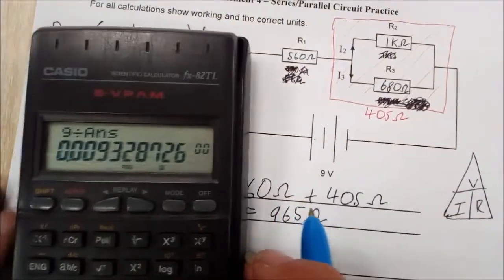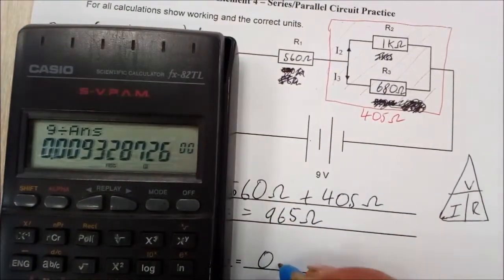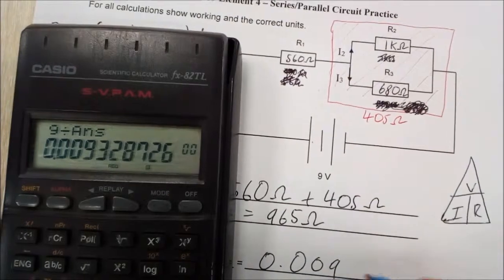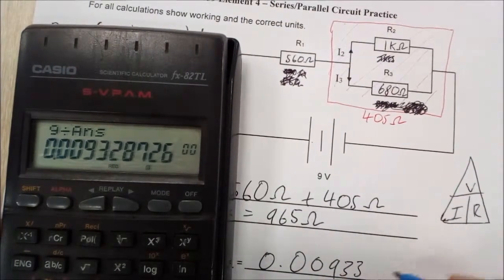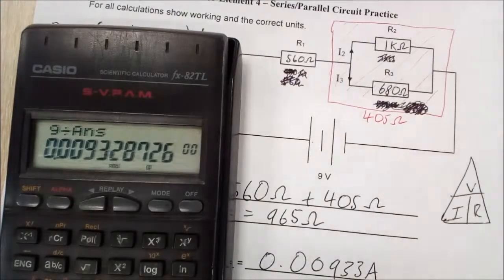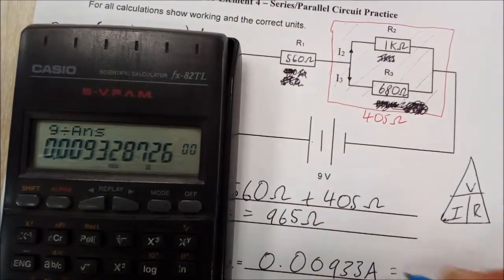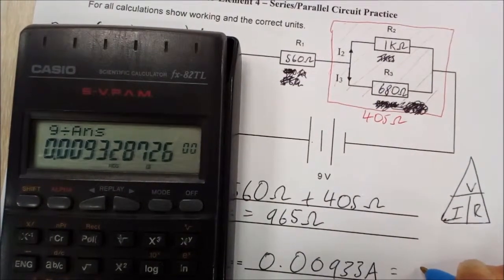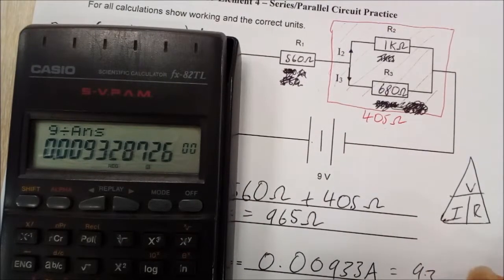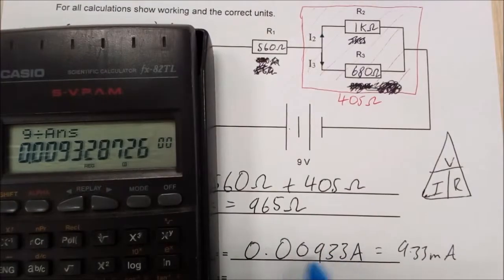So we actually have an answer now of 0.00933 amps when we round. I think it's probably easiest to keep it that way, which of course equals 9.33 milliamps. But use amps when you do calculations. You've got to get it into amps form.